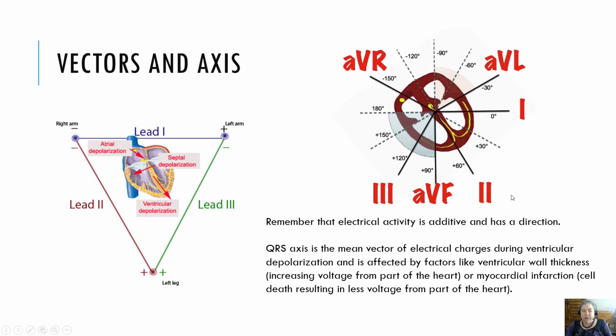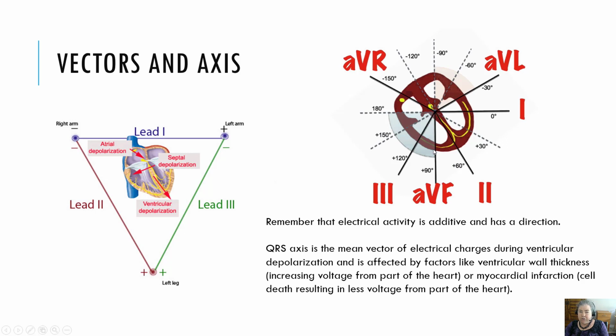And the mean of all those electrical charges is dependent on things like how thick the ventricular wall is, which increases voltage, or areas of cell death that result in no voltage from a particular part of the heart, or a blockage to the flow of voltage, which can result in abnormal direction, abnormal vectors of the direction of the electrical activity.